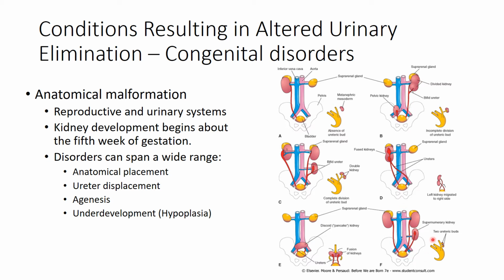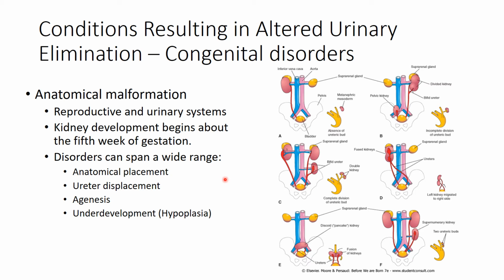Sometimes we have 2 kidneys on one side. Sometimes we get 1 kidney. Now we could get severity based on the type of malformation that is actually occurring, right? Sometimes we have 2 ureters, and we'll have that condition showing up on the next slide in a specific example of it, but we get ureter displacement, meaning ureters can really start from the same kidney, okay? And that doesn't impair function too much.